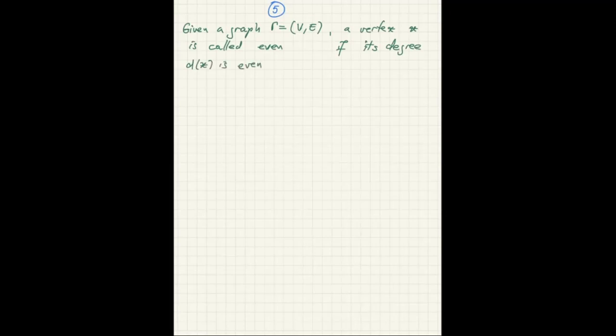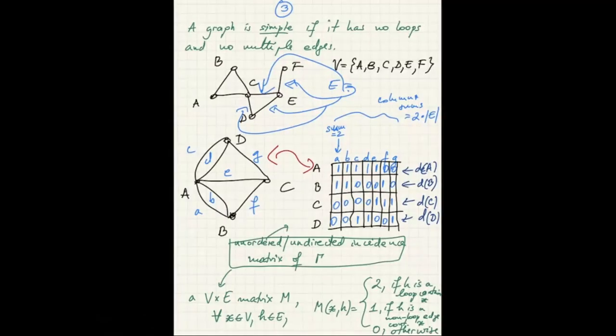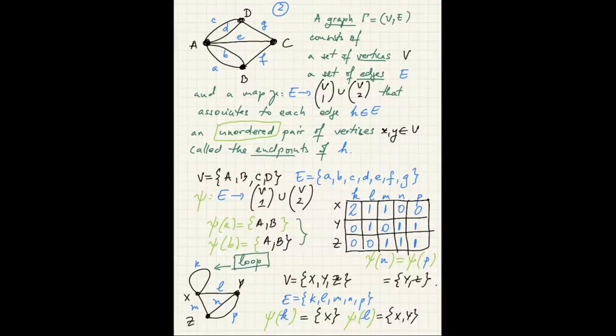And you have the corresponding definition: it's called odd if its degree is odd. If you look at this picture, all the vertices here are odd because they have degrees 5, 3, 3. Here, x has even degree because it has degree 4, and y and z are odd because they have degree 3.